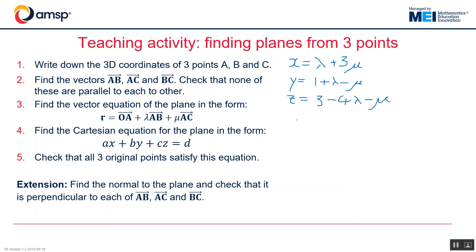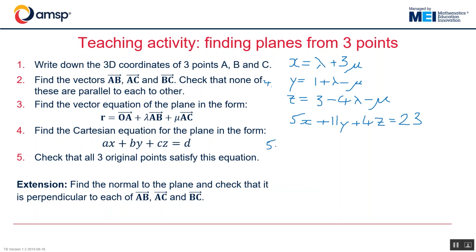I'll not show the working on here, but you can try it for yourself if you want. And eliminating lambda and mu in this example would give 5x plus 11y plus 4z is equal to 23. Finally, that was step 4.